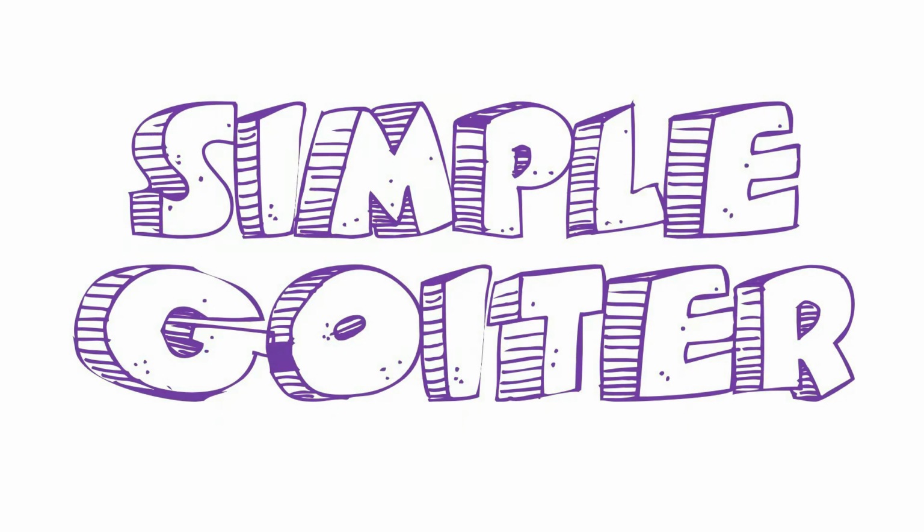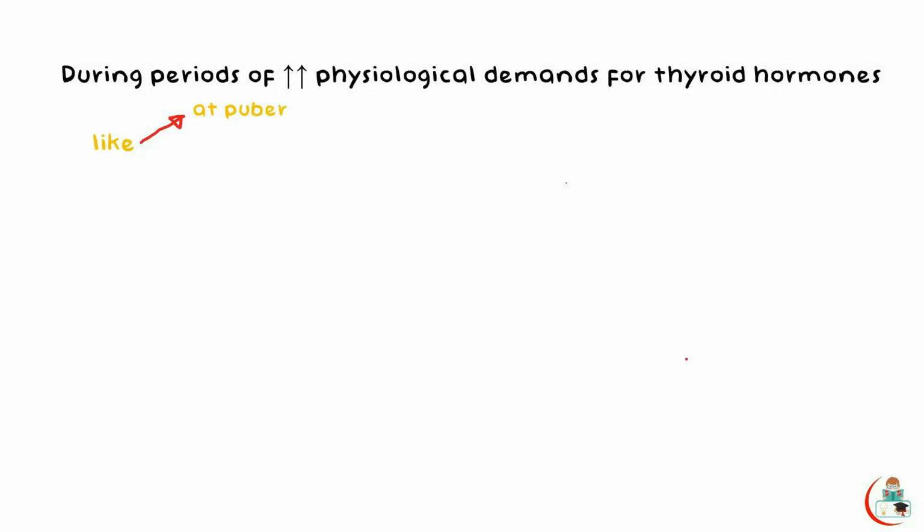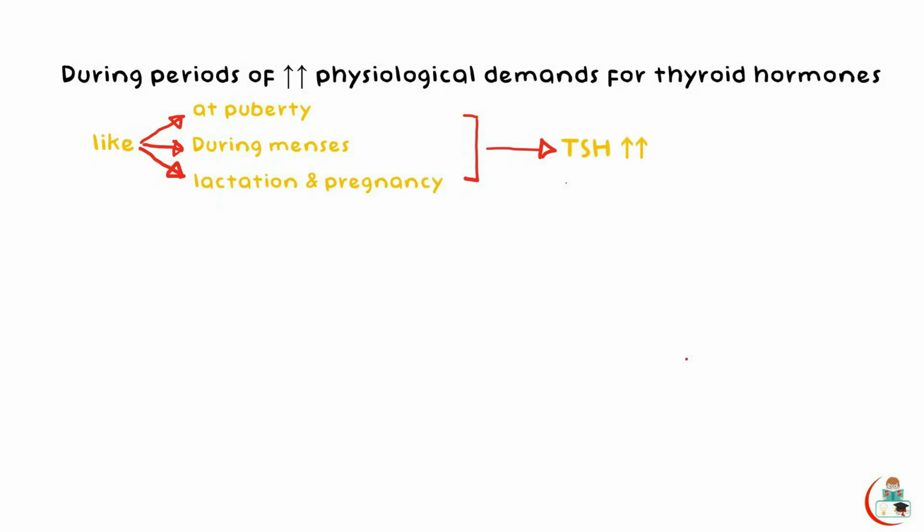During the periods of increased physiological demand for thyroid hormones, like at puberty, during menstruation, or lactation and pregnancy, there is increased TSH production by the pituitary gland.